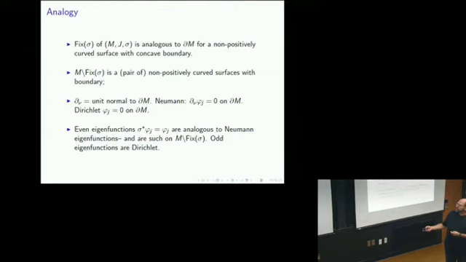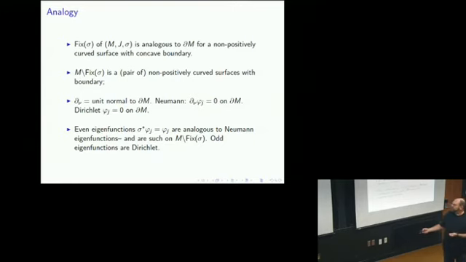I'm going to use a standard notation that del sub nu is a unit normal to the boundary, or it could be the fixed point set. When we talk about a Neumann eigenfunction, we mean that the normal derivative of the eigenfunction is 0 on the boundary. When we talk about a Dirichlet eigenfunction, we mean the function vanishes on the boundary.